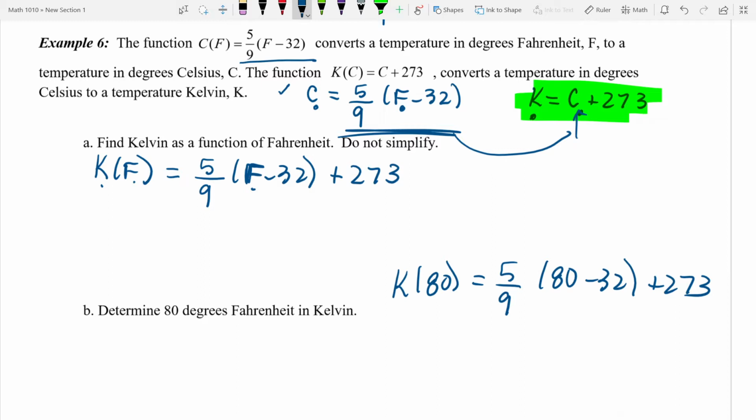Punch this in: 5 divide 9, parenthesis, 80 minus 32, close it off, plus 273, hit enter, and you get, rounded to the nearest whole, 300 Kelvin.